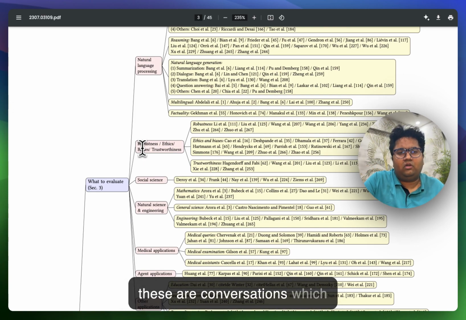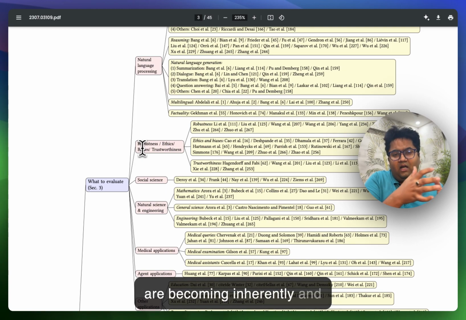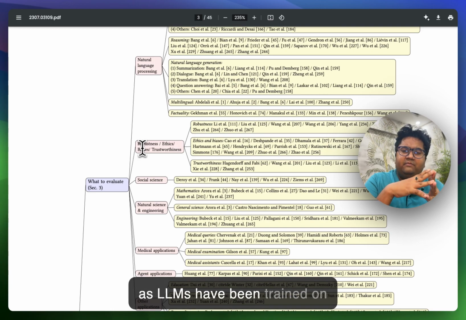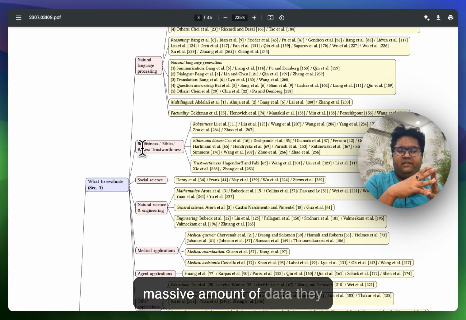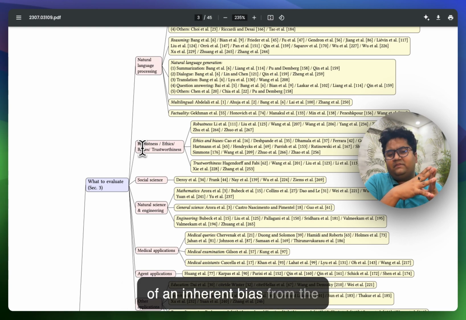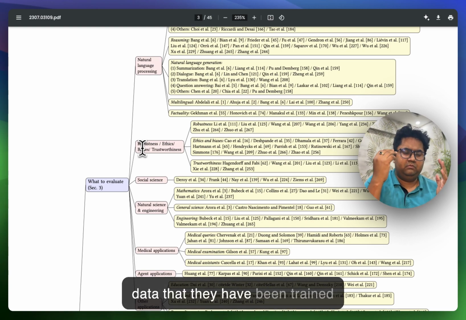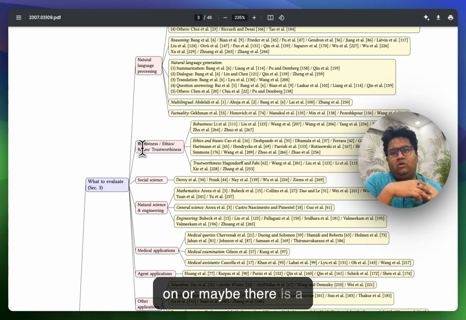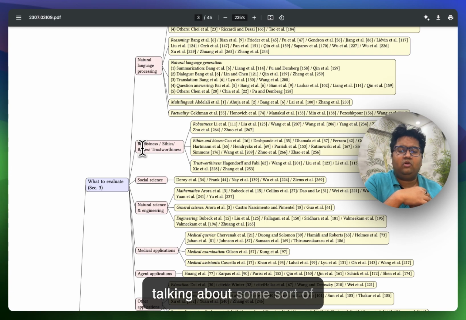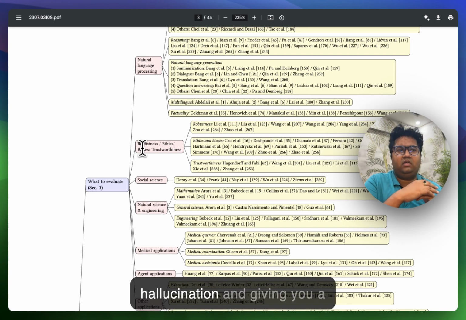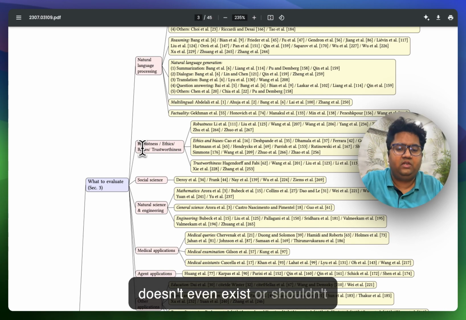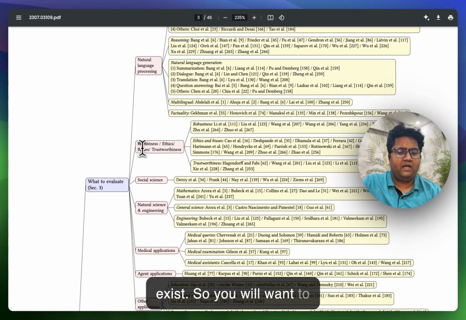Now, all of these are conversations which are becoming inherently and increasingly important, because as LLMs have been trained on a massive amount of data, they might have captured some kind of inherent bias from the data that they have been trained on, or maybe there's a geographical bias, or they hallucinate and give you a perspective which probably doesn't even exist or shouldn't exist. So you will want to evaluate that.